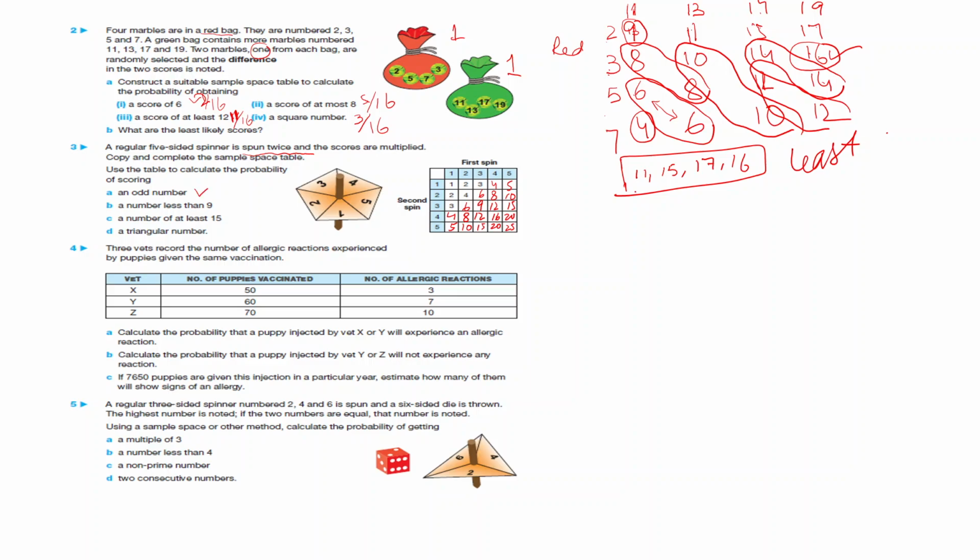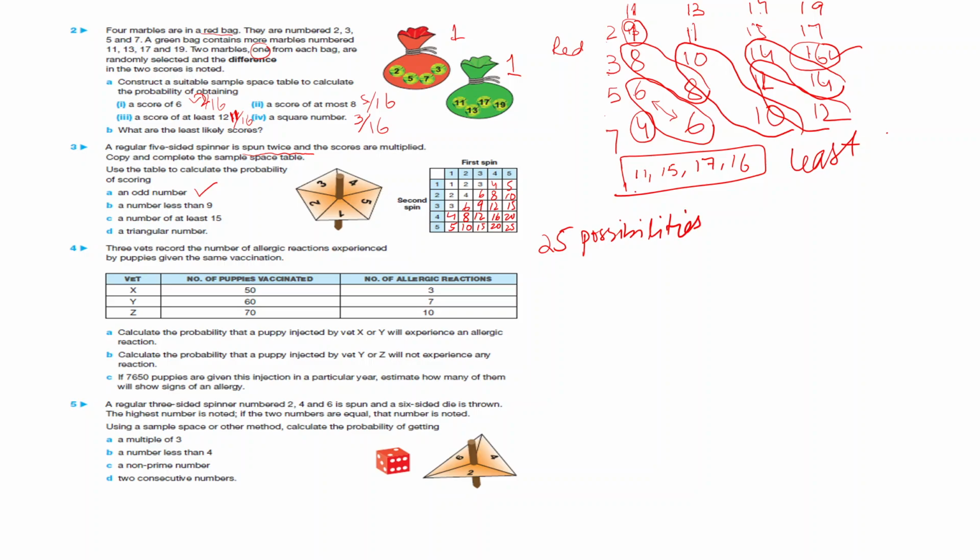Probability of scoring an odd number. So in the same way, you can just have a look at here and you can see how many out of these, 1, 2, 3, 4, 5, 5 here and 5 here. So there are total 25 possibilities. So the denominator, it will be 25.